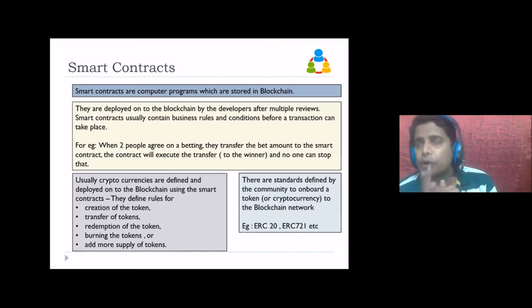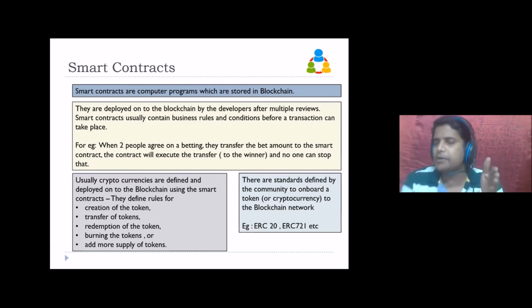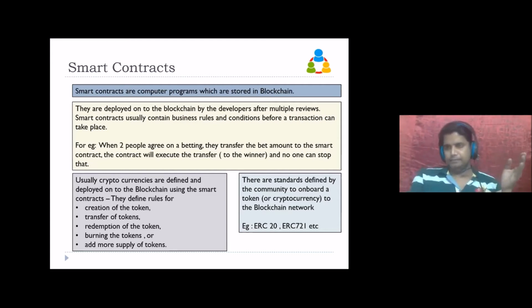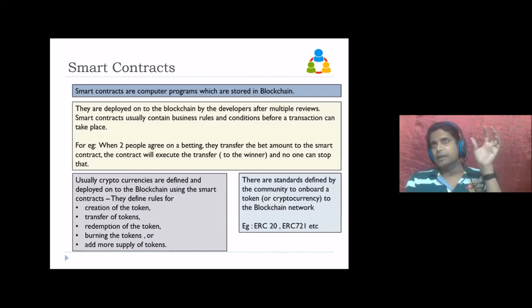There is voting. Voting is also one simple smart contract which can define how to vote, how many tokens have to be used while voting, so that a person cannot vote again. You can define the voting period: voting starts from so-and-so date till so-and-so date, and to vote a person should hold this many tokens.